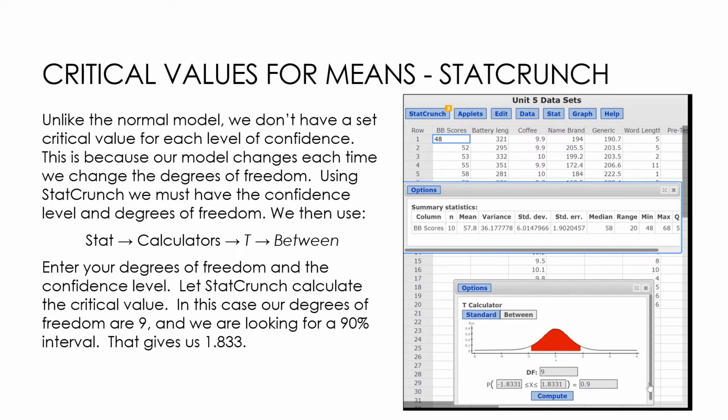And again, I could have chosen different things that I wanted. I usually just do the ones that are given to me. And what do I need here? I need the mean, which is 57.8, and I need the standard deviation, which is 6.014796. Those are the values that I'm going to be using.